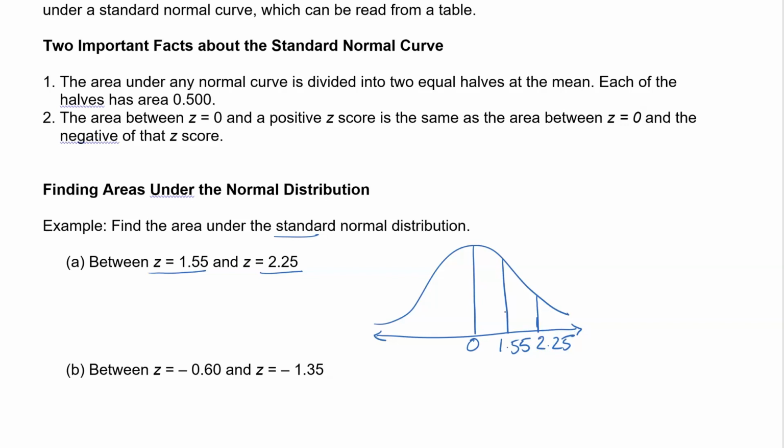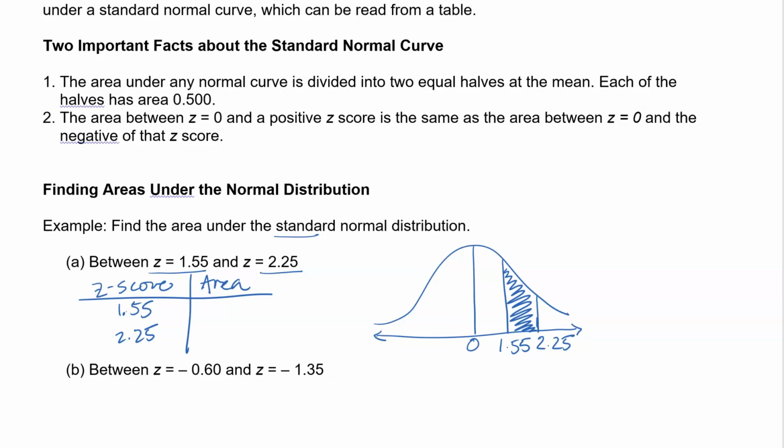If I want to know the area between those two values, then I'm going to shade the area I want to find. Okay, now on the table, I've got a Z-score and the table is going to give me an area. Okay, so I've got two Z-scores, 1.55 and 2.25. So I'm going to first look up those numbers and then I'm going to draw the picture.